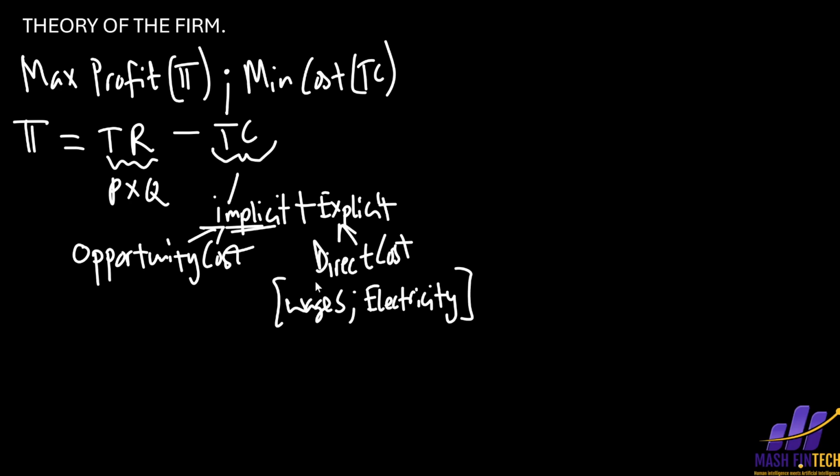So now, when we consider the cost of a firm, we are basically going to look at whether the costs are made in the short run or in the long run. So there is a difference between the long run and the short run in economics.